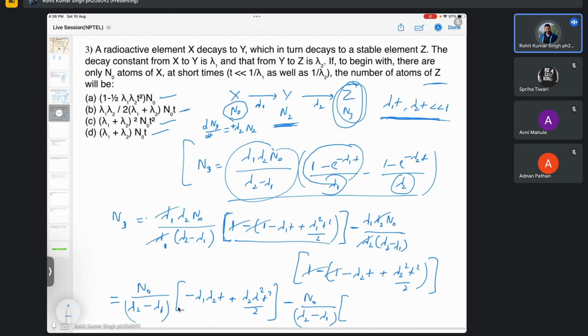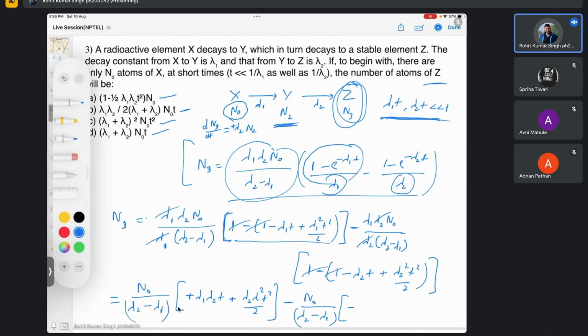And inside we will have, Sir, should the signs be plus lambda 1 lambda 2 t minus lambda 2 lambda 1 square t square? Oh yeah, yeah, sorry, thank you for noticing.